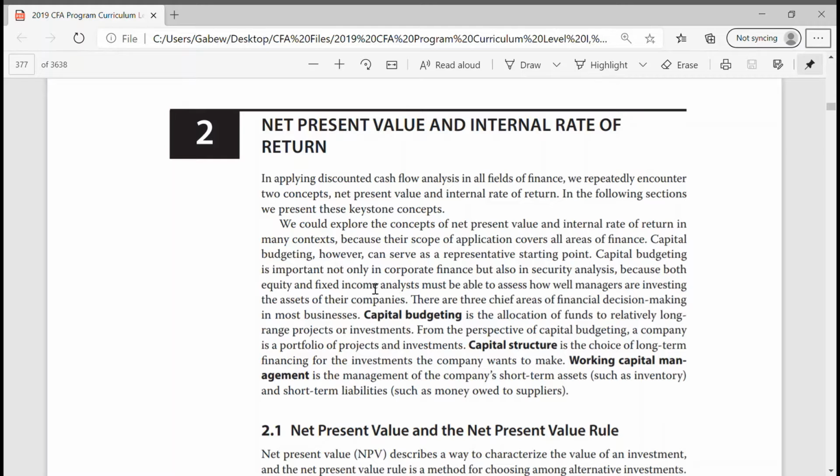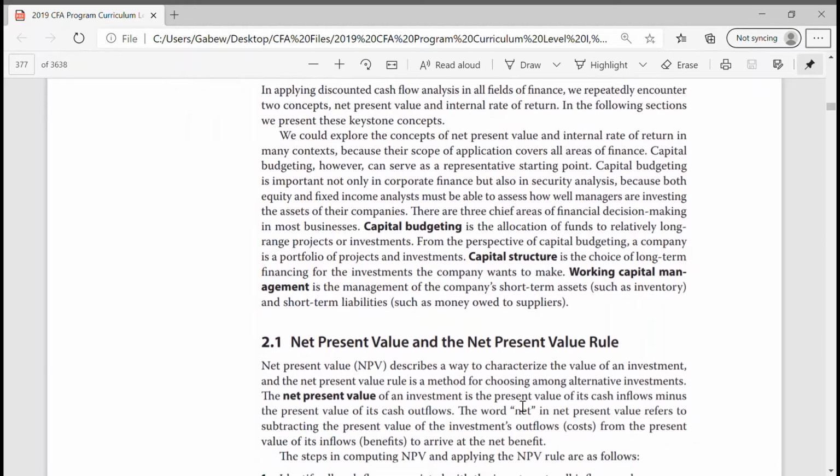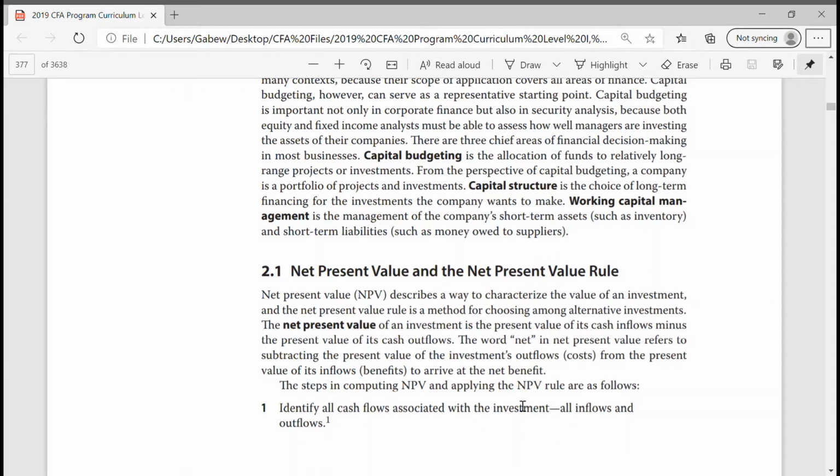From the perspective of capital budgeting, a company is a portfolio of projects and investments. Capital structure is the choice of long-term financing for the investments the company wants to make. Working capital management is the management of the company's short-term assets, such as inventory, and short-term liabilities, such as money owed to suppliers.